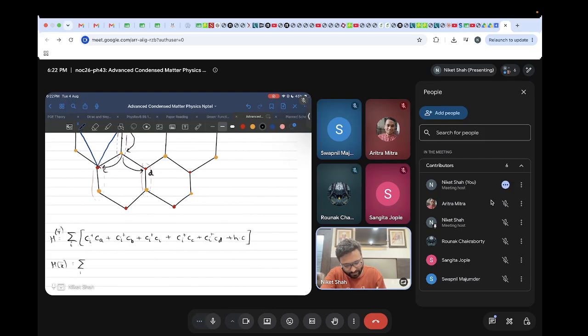Now if I take a Fourier transform to take it to K space, what I end up getting is sum over I, sum over K, K prime, Ck dagger Ck prime, e raised to the power of i Ri dot K, e raised to the power minus i Ra dot K prime.